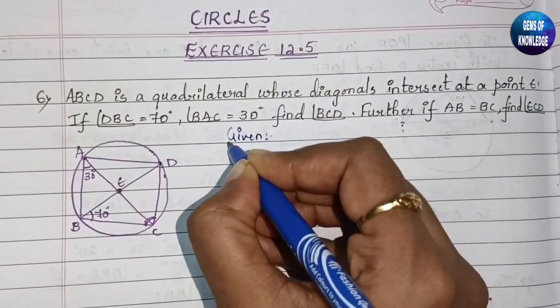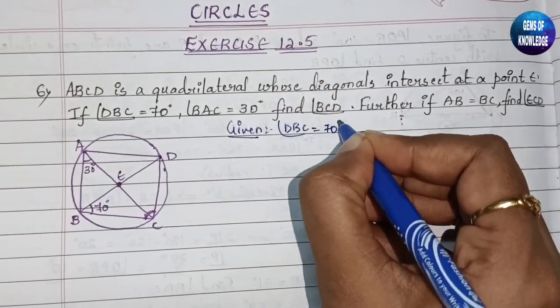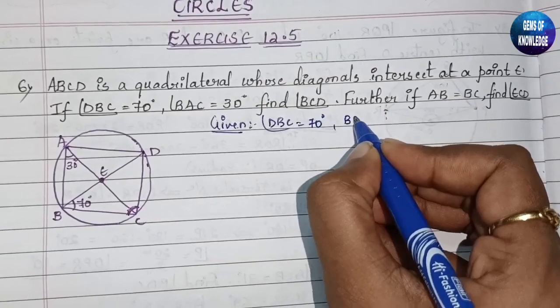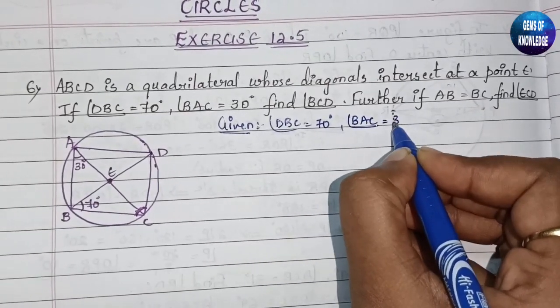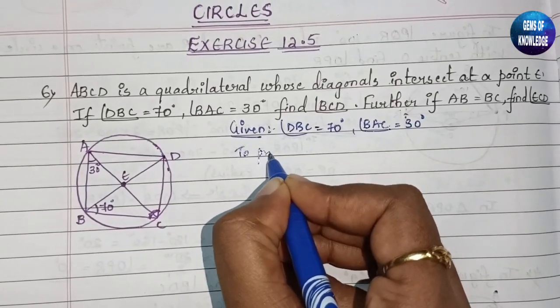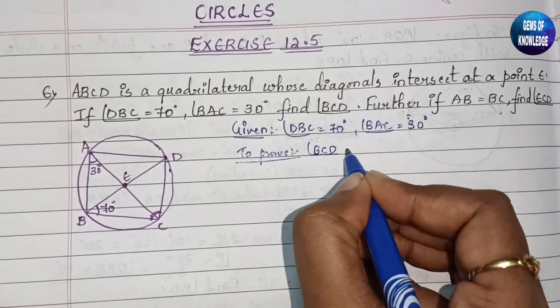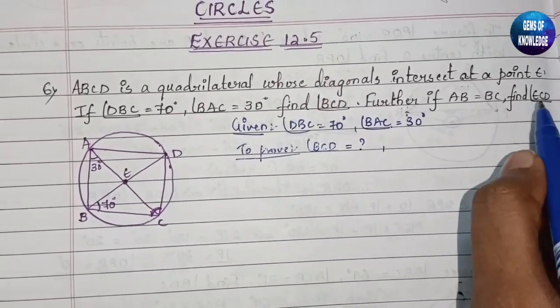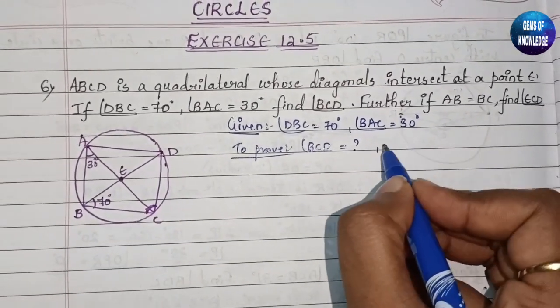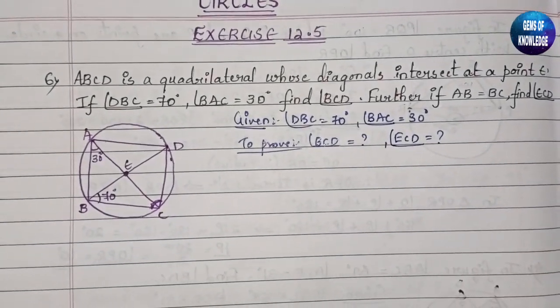Two angles are given: DBC is equal to 70 degrees and BAC is equal to 30 degrees. What we need to find is the value of angle BCD, and in the further case we need to find the value of ECD also. Two things we need to find here.